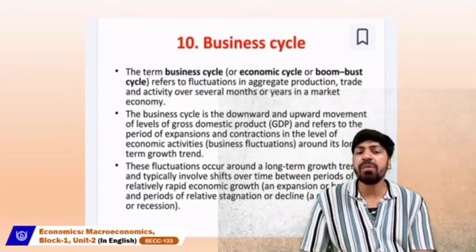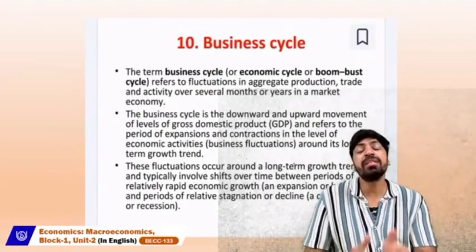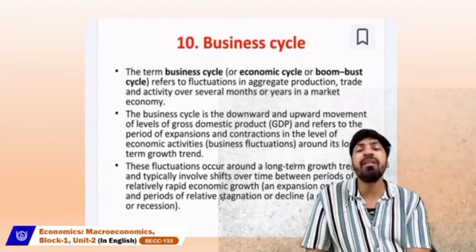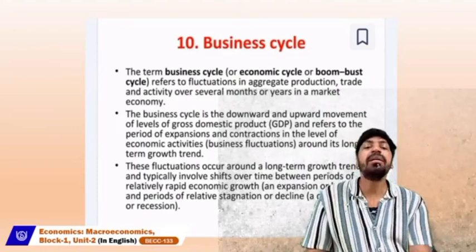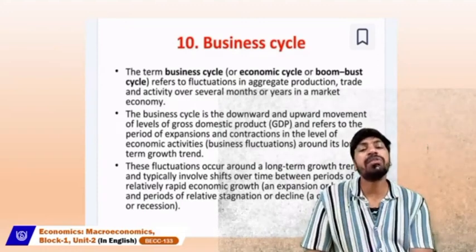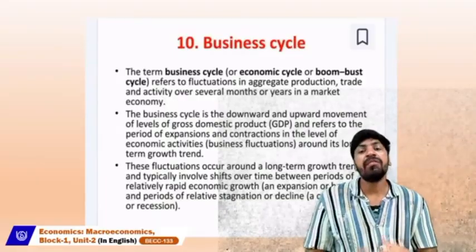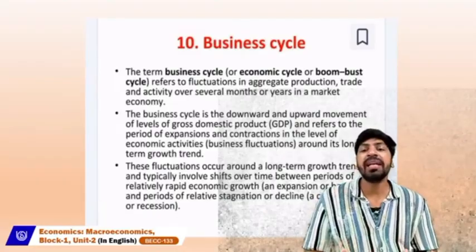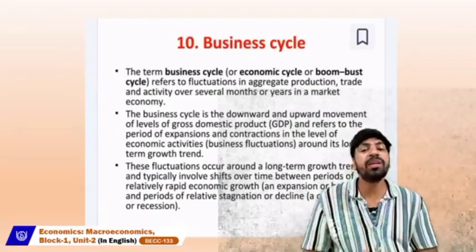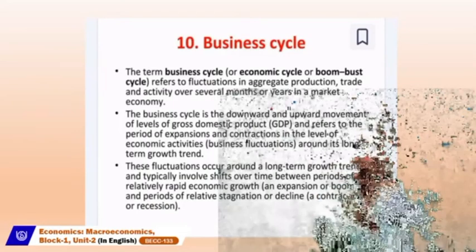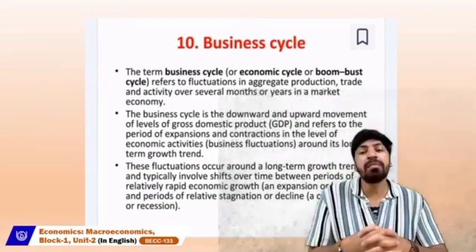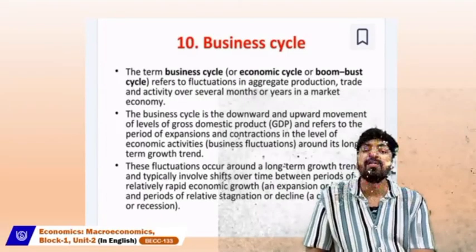When we say the business cycle is downward and upward, it depends upon the level of gross domestic product. If we talk about negative GDP, it automatically means a downward movement. When we talk about positive domestic product, it can be called an upward movement.